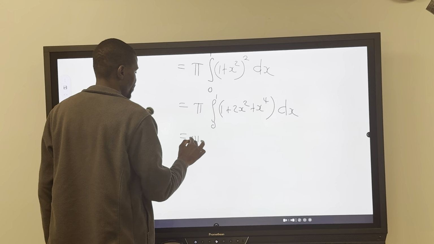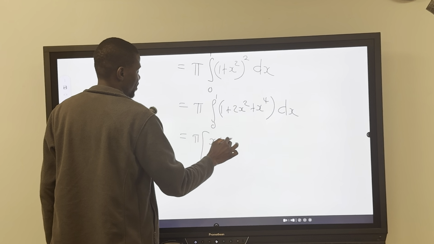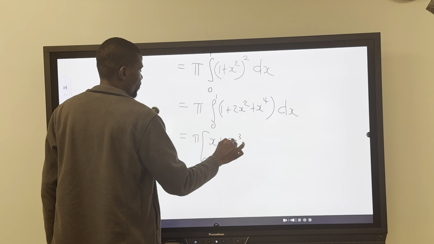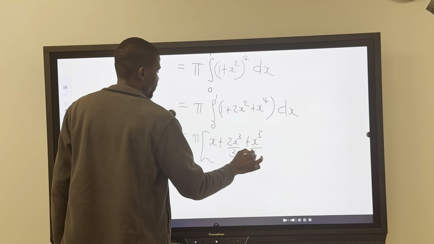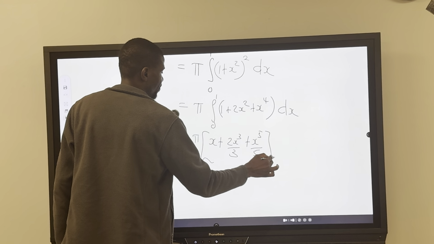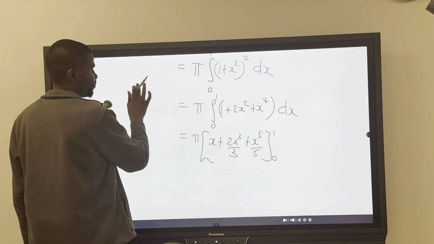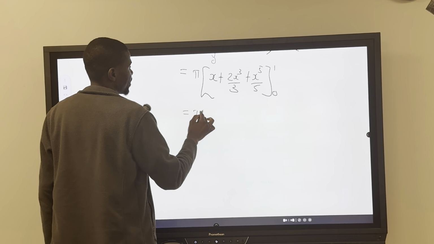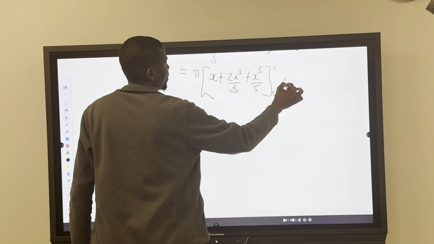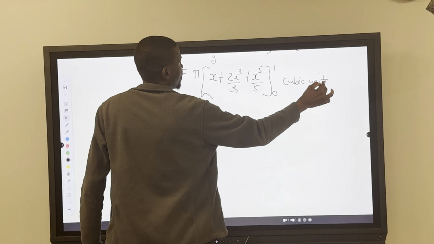So we now have our pi. Here it's x plus 2x cubed over 3 plus x to the 5th over 5, from 0 to 1. All right, so upper limit minus lower limit. So here these are cubic units.